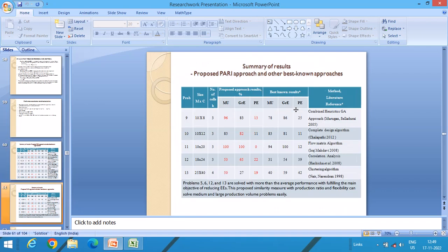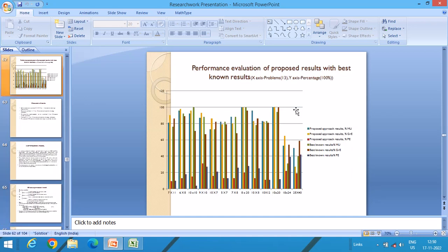And for problems 12 and 13, the larger size problems, we have got considerably more than the average values compared to the best known results. So problems 5, 6, 12 and 13 are solved with more than the average performance, fulfilling the main objective of reducing EEs. From this performance evaluation, the graphs make it easy to understand.